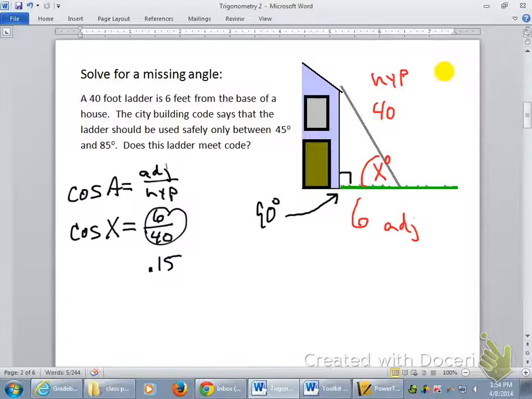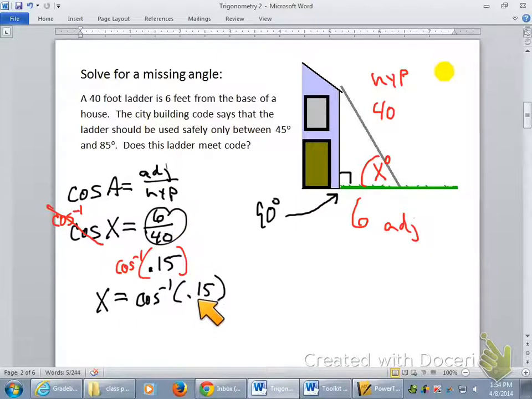But in either case, we just talked about, how do I get rid of a cosine? What's the opposite of that? It's the inverse cosine. So I need to do the inverse cosine of both sides. And this will go away. And that's going to leave me with x is equal to whatever inverse cosine of 0.15 is, or, of course, you could just leave that as 6 over 40.